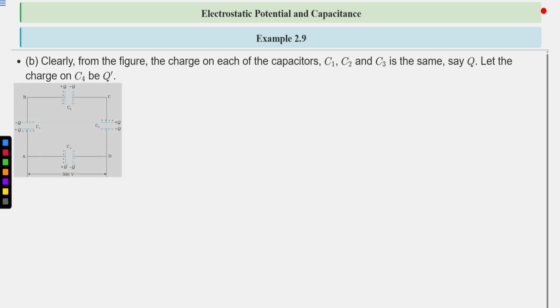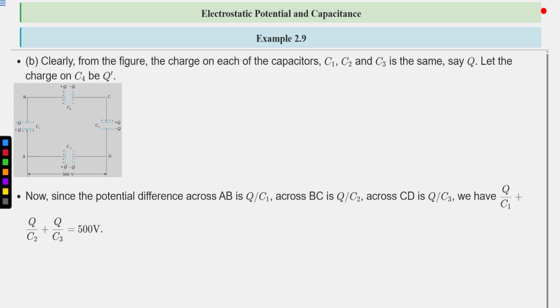So this is the diagram again. Now the potential difference across AB, across this C1, is Q by C1. Across BC is Q by C2.